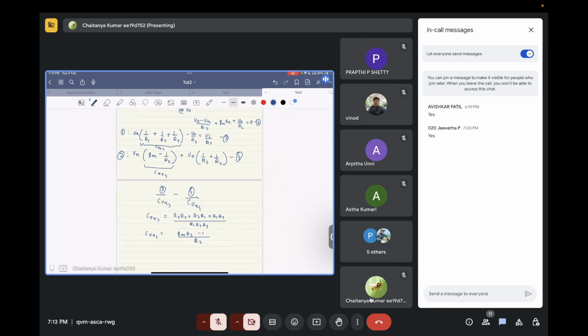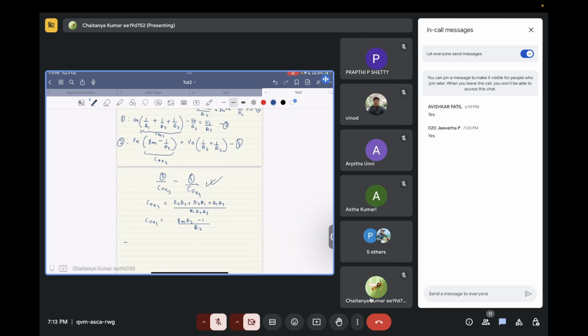We will perform this operation. So what we get is minus V naught by R2 times R1 R2 R3 divided by (R3 R2 plus R2 R1 plus R1 R3) is equal to Vi by R1 times the same thing, R1 R2 R3.